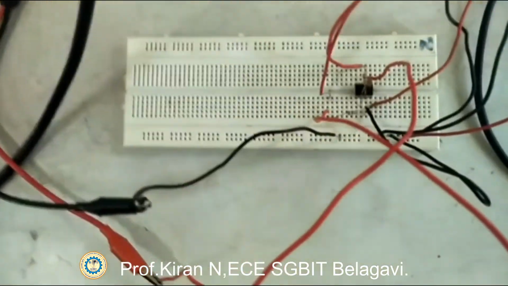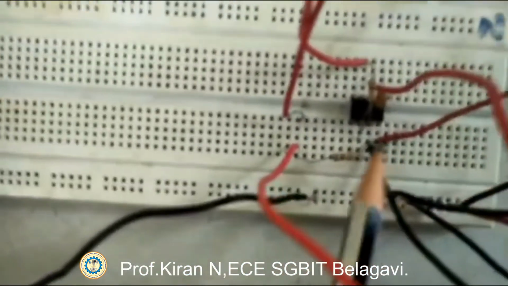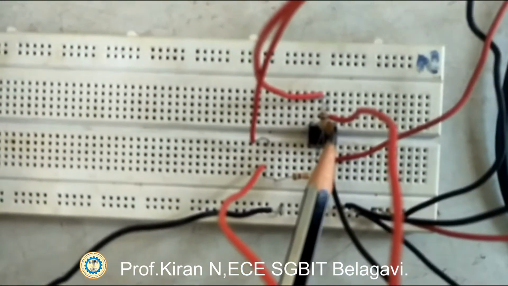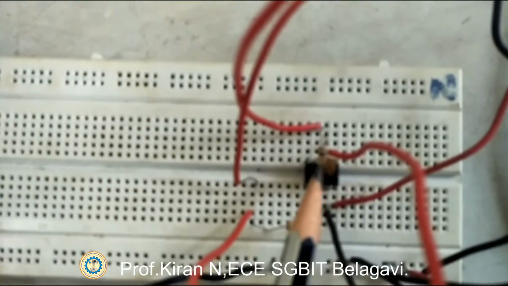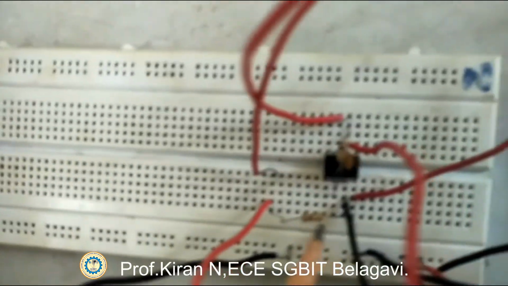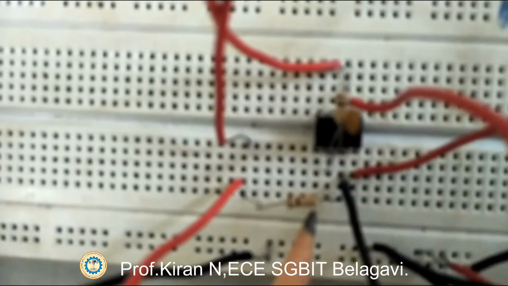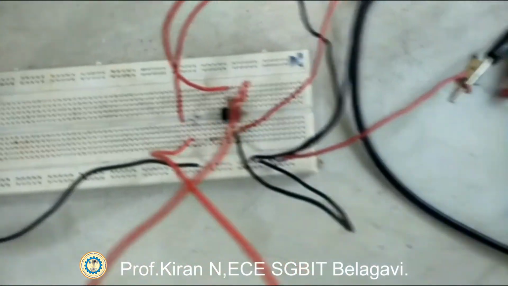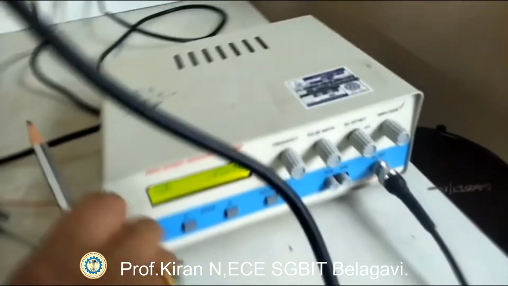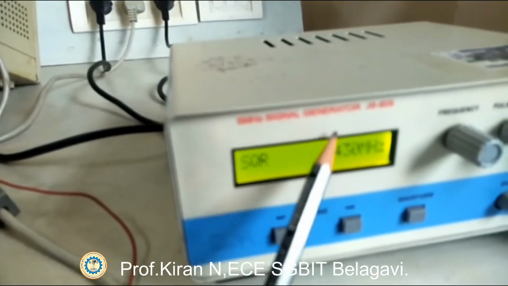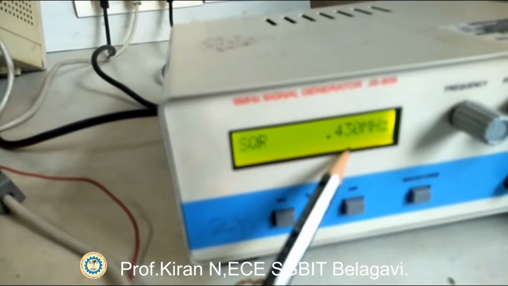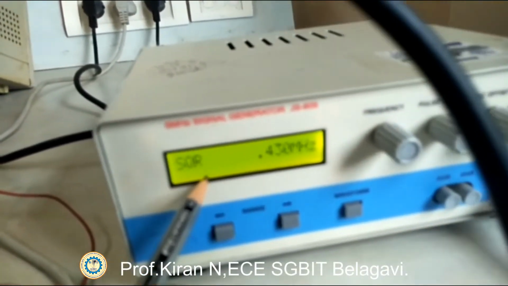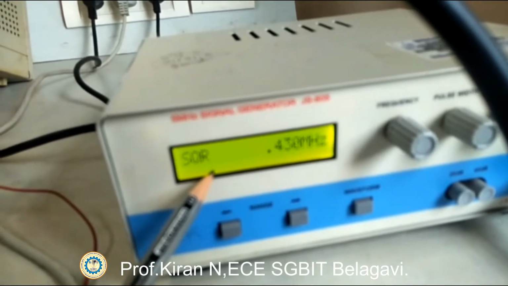Okay, so you can see here we have connected the op-amp, and these are the two feedback elements, that is, this is the capacitor and this is the resistor here, and this is the resistor Rin, through which we are going to connect the input voltage. The input voltage is provided by the signal generator, wherein we are going to set the frequency, and you can see here I have given a square wave as the input voltage.